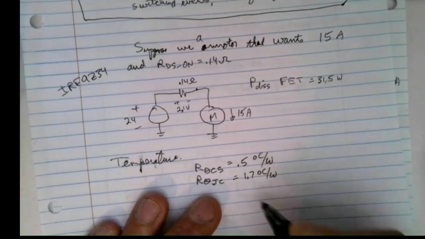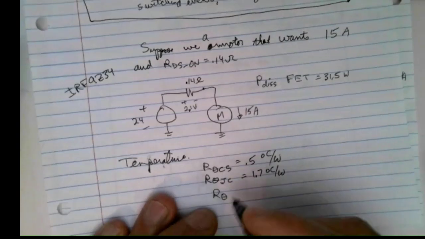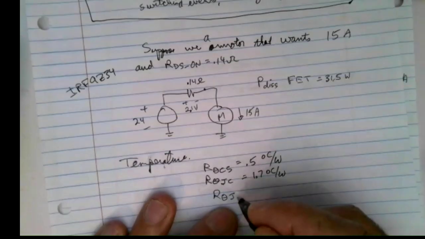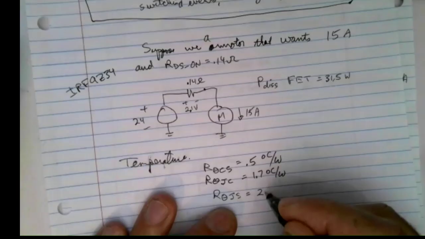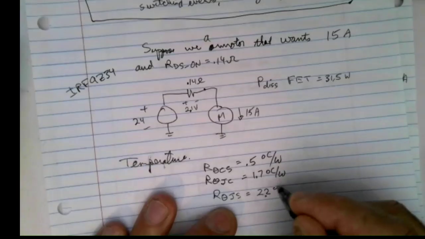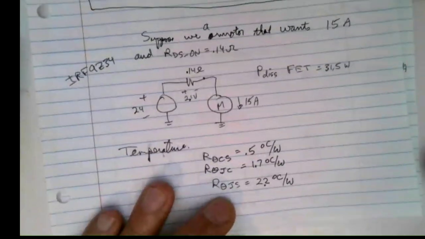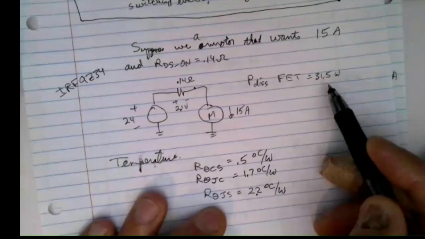So we can add these two together and get an R theta J to sink equal to 2.2 degrees C per watt. And we know our power dissipation up here, 31.5 watts.